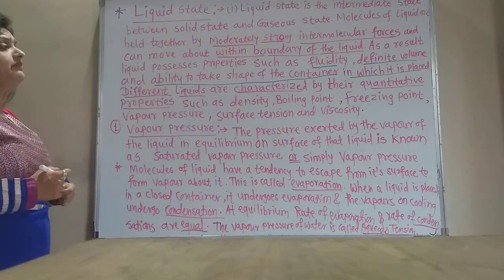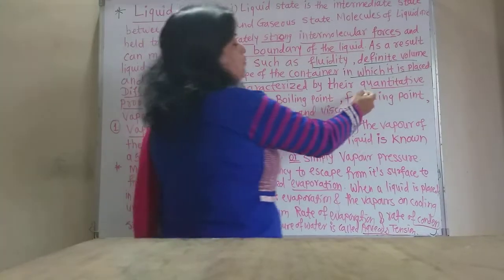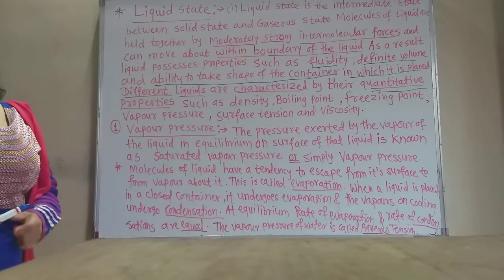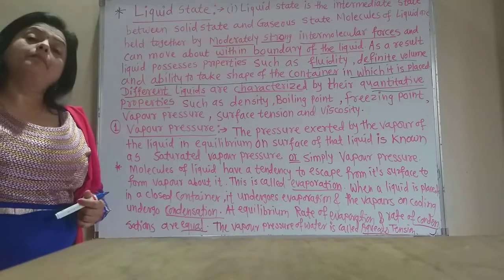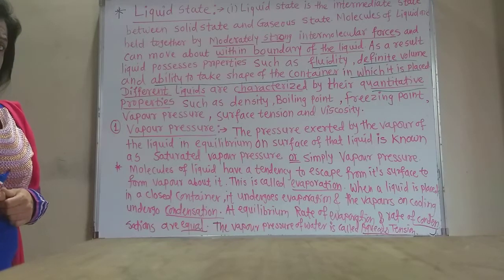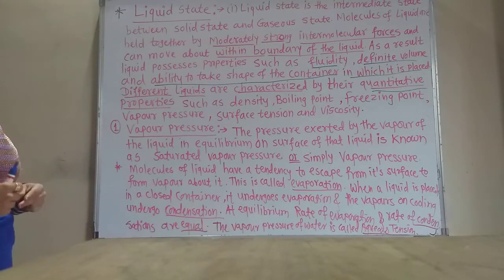But different liquids are characterized by quantitative properties. There are different liquids such as water, petrol, honey, gum, and so many liquids in nature. How can we differentiate them?